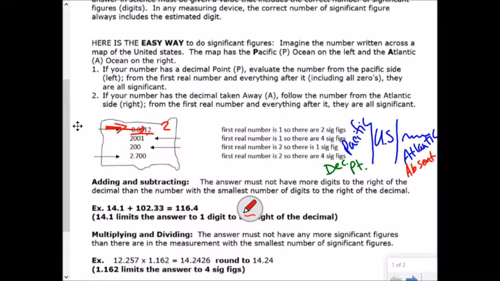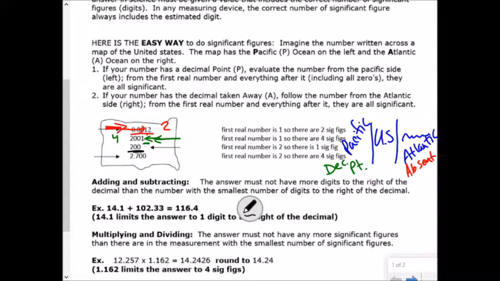If I look at the second example here, there is no decimal point, so I'm going to start from the right. My first non-zero digit is this 1. Now everything after that 1 becomes significant. So how many does this one have? 4. Very good. How about this example, the 200? Do I start from the right or the left?